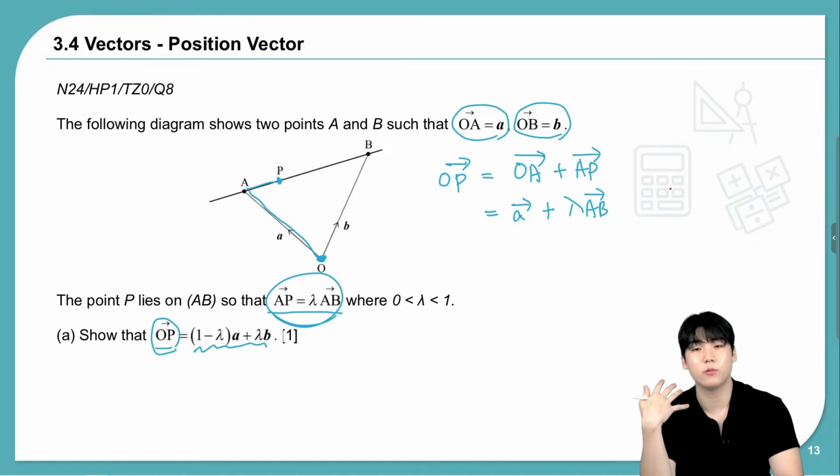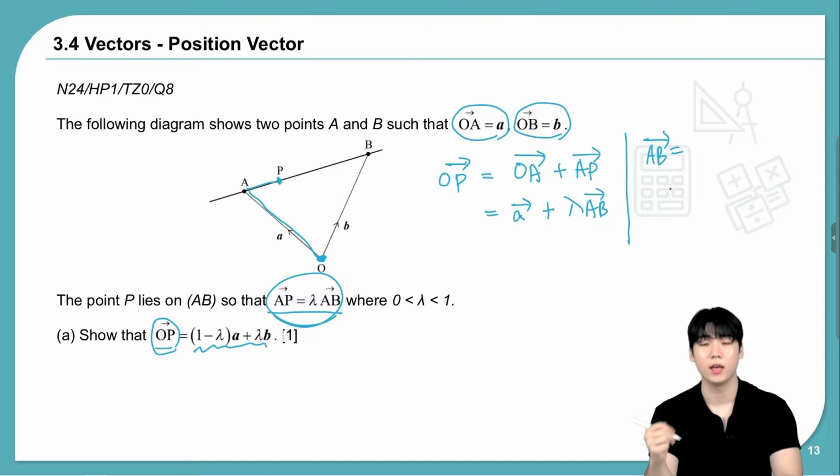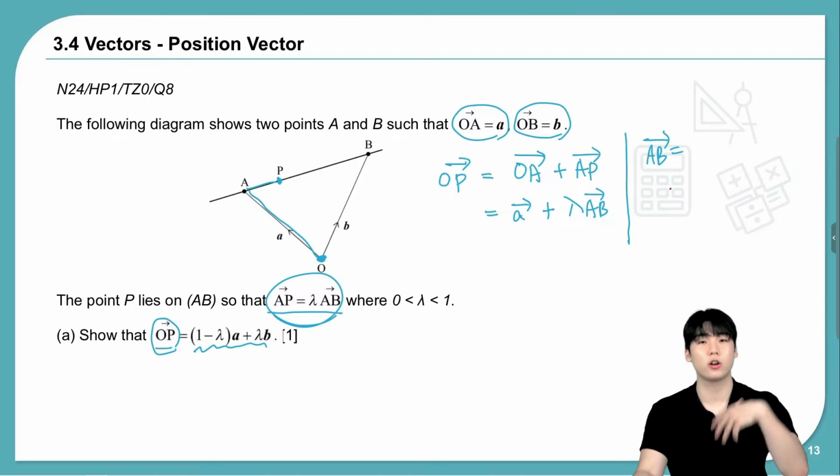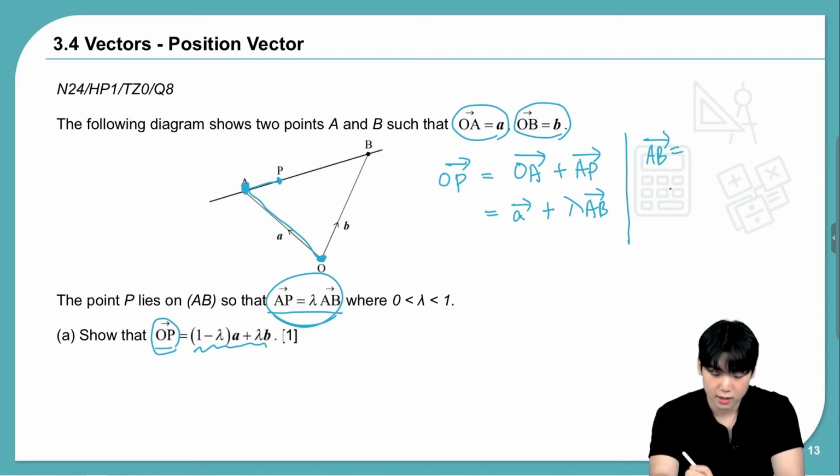Now we have to find what AB is, okay? That's another task we have. So let's try to identify what AB is. Again, vector AB is starting at A, ending at B. So in order to start at A and end at B, let me just use a different color. You start at A, end at B. I can go AO and OB, right?